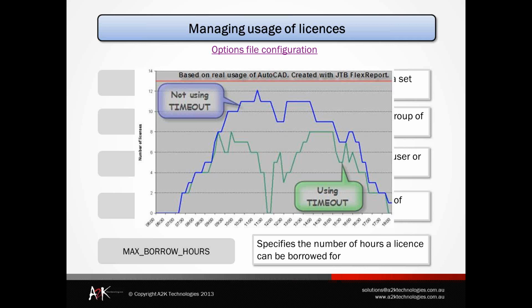You can see with the timeout on, they have about a 12 license pool, and with the timeout on, they're only ever using 8 licenses. So we hear reports of around the 20% mark. You need 20% less licenses with the timeout function.